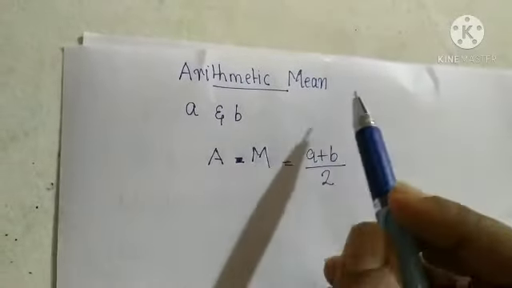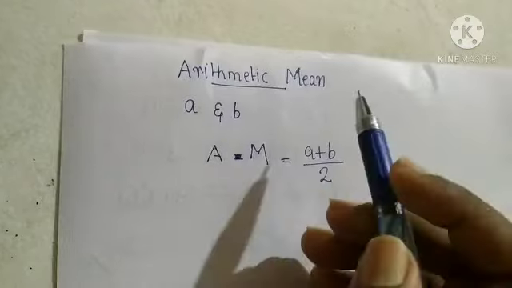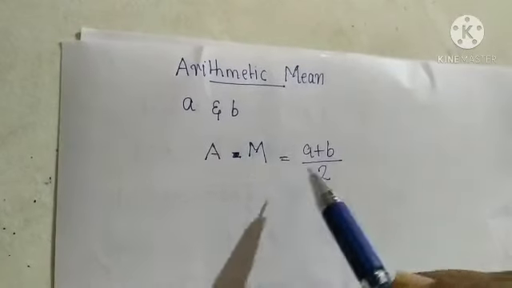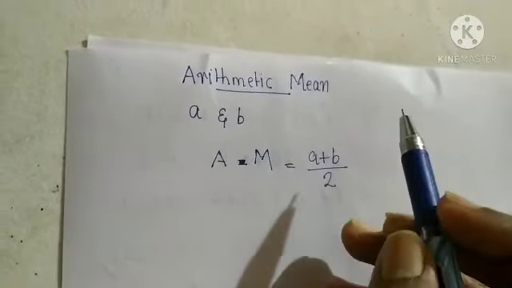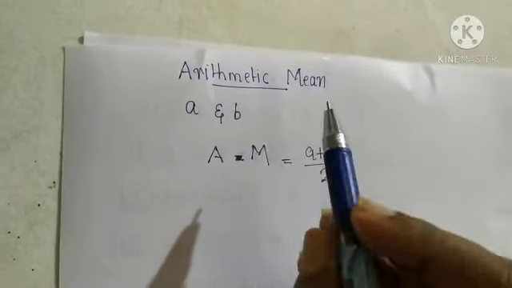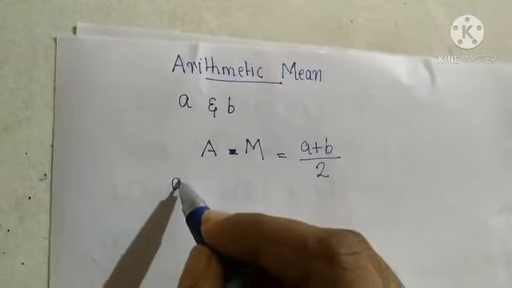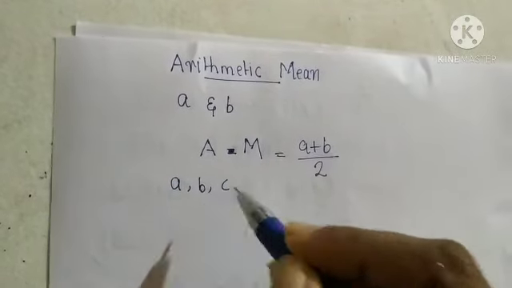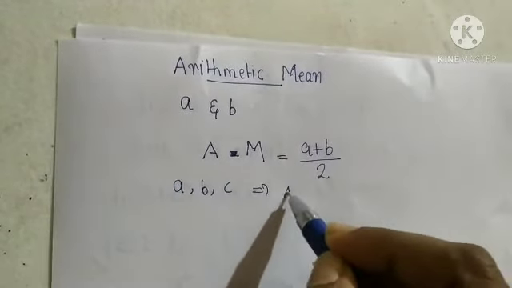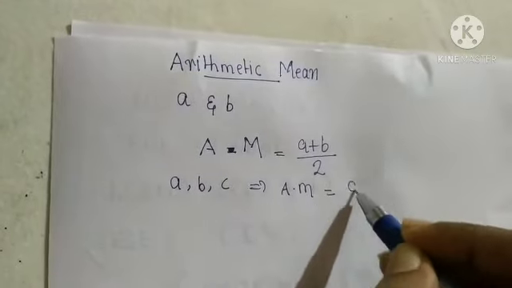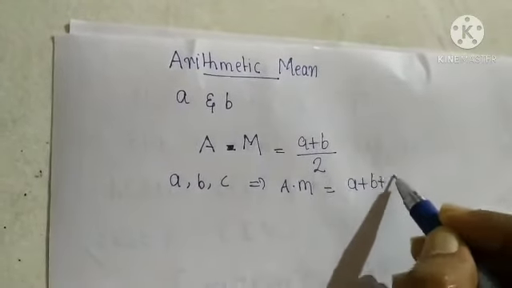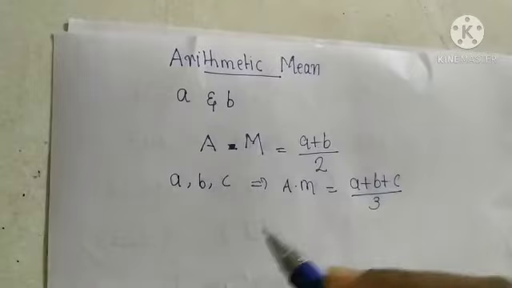We know that the average of numbers is the sum of the numbers divided by the total number of numbers. If I take three numbers A, B, C, the arithmetic mean will be (A plus B plus C) by 3.